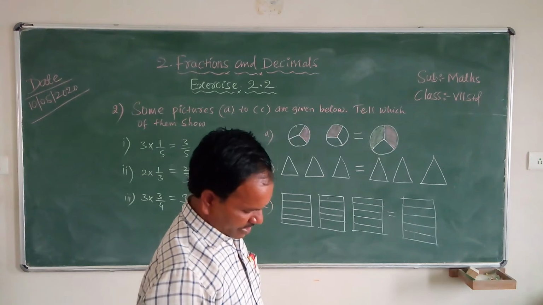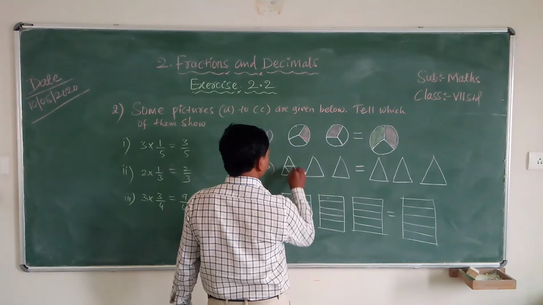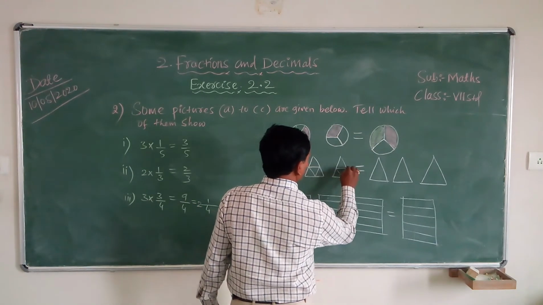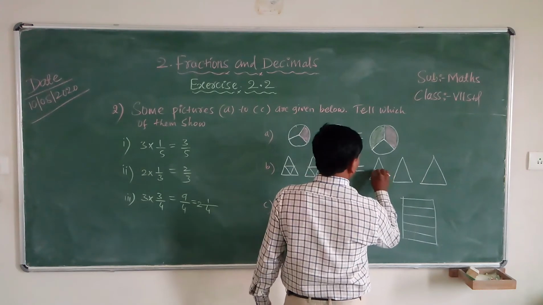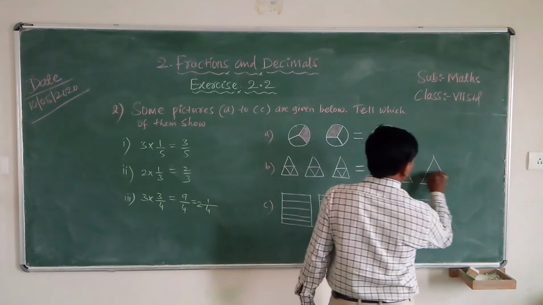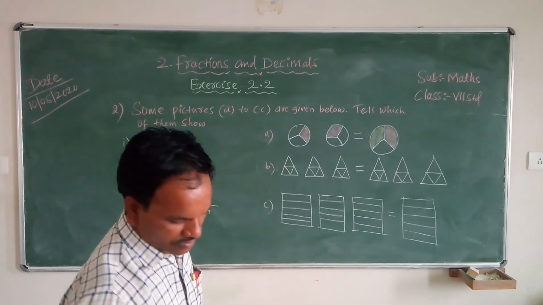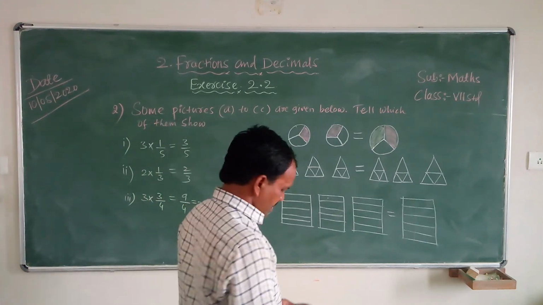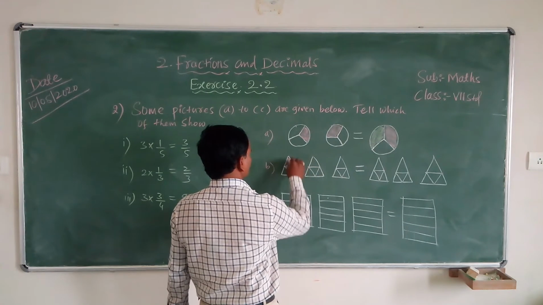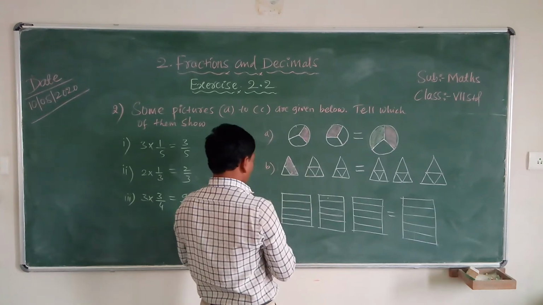So reverse triangle, how to do the reverse triangle. One of the reverse triangle. This inside triangle. Like this triangle is there. Now diagram is there.